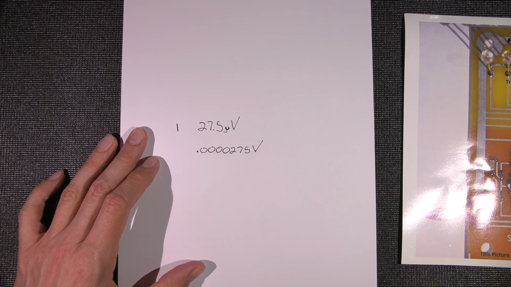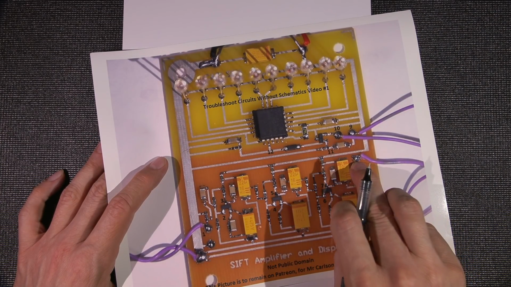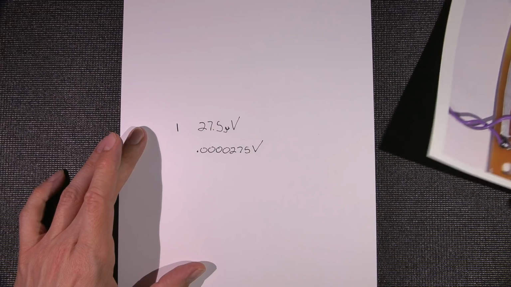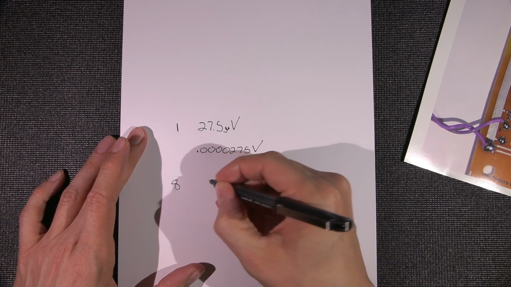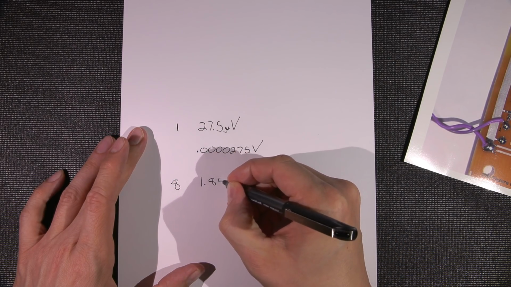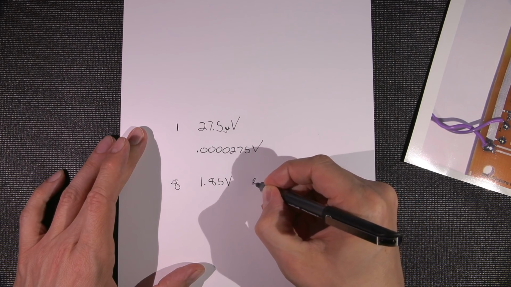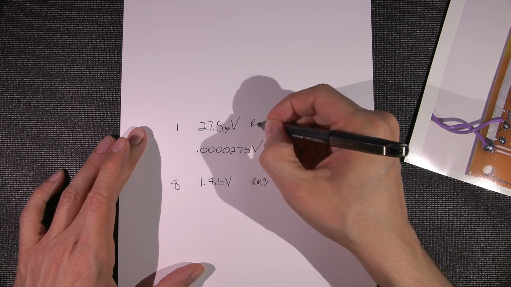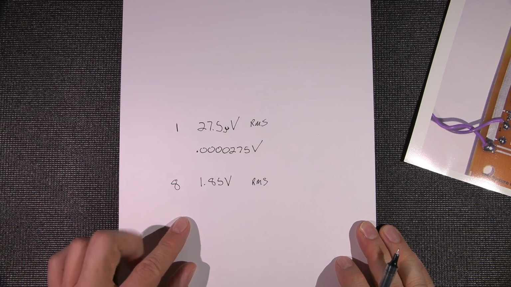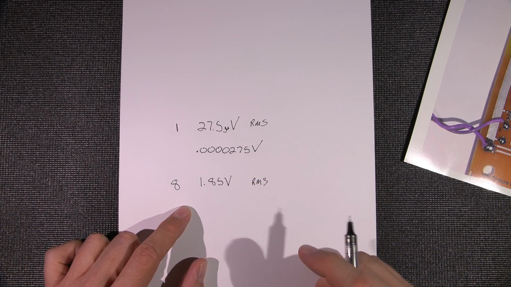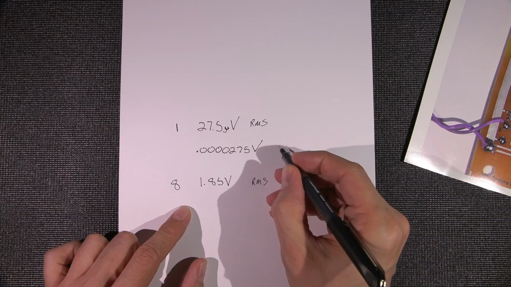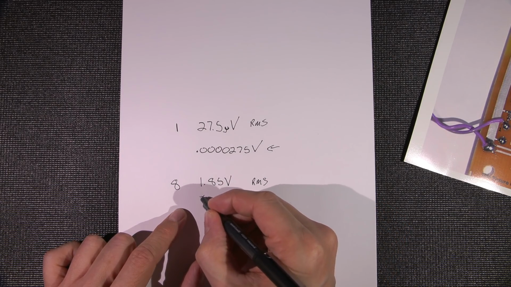Now at test point number 8 on the sheet here is where I read this with the oscilloscope, and I got 1.85 volts out. And these are both RMS. So now, in order to do this equation, we use this and this.